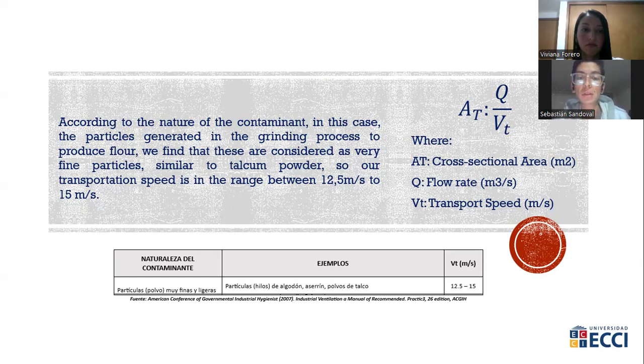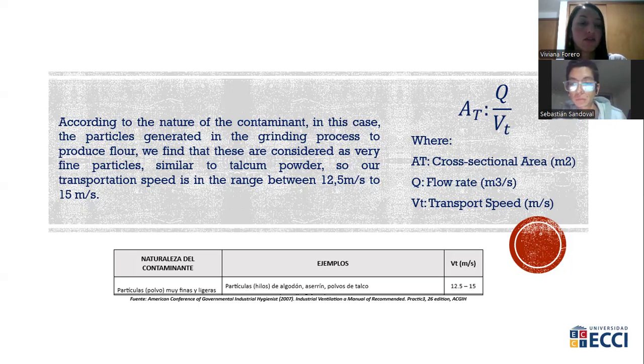To do this, first it's necessary to find the cross-sectional area, for which we use the following equation: AT equal Q over VT, where AT is cross-sectional area, Q flow rate, VT transport speed. It is important to clarify that the transport speed of the contaminant was determined with the table stipulated for it in the Industrial Ventilation book.